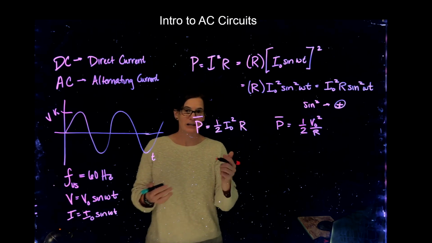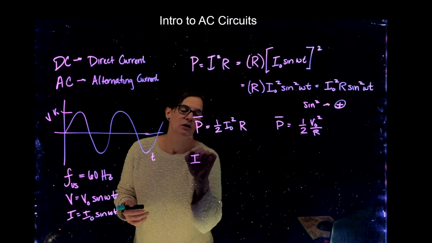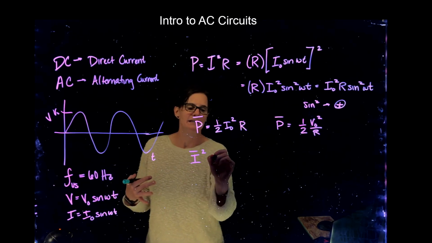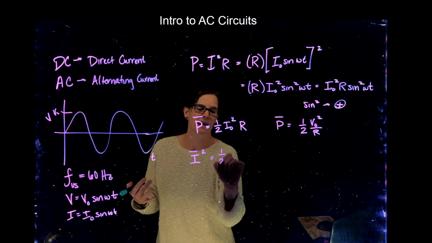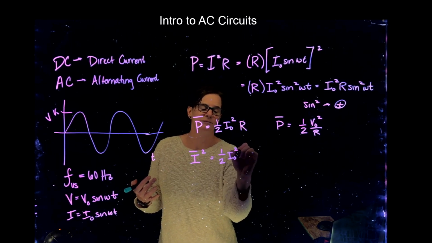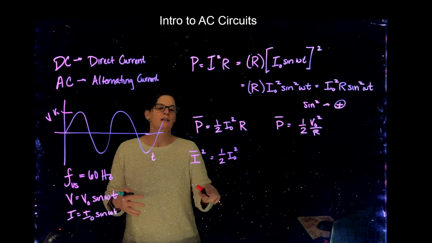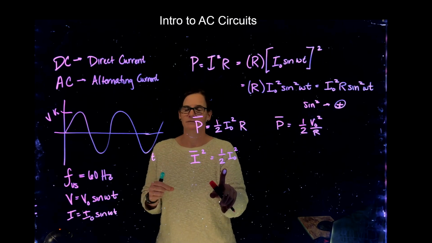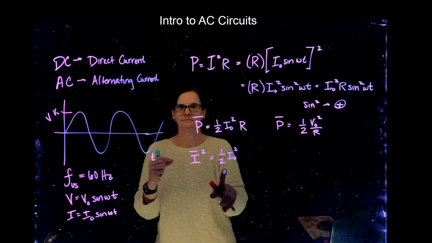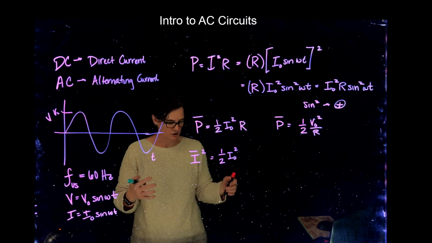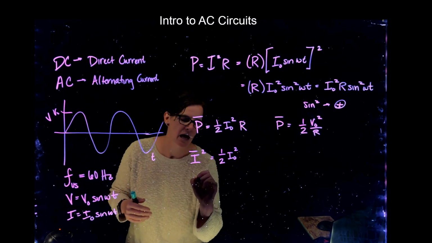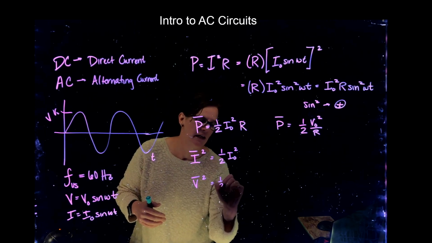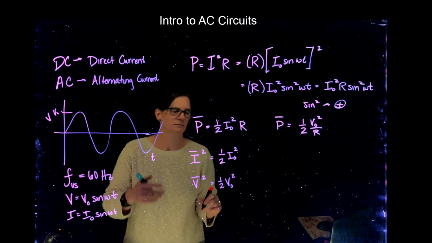The average current squared is equal to 1/2 I naught squared. So on average, the average current squared is equal to 1/2 the maximum squared, and similarly, our average voltage squared is equal to 1/2 V naught squared.